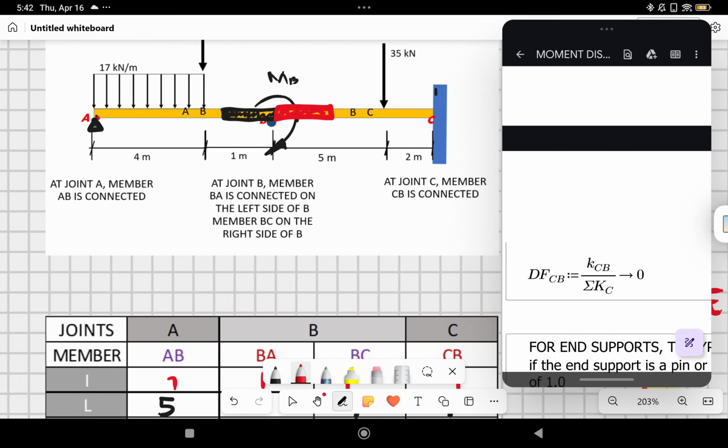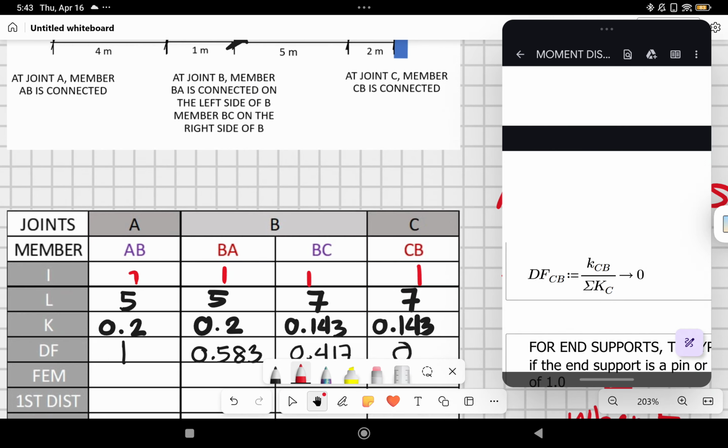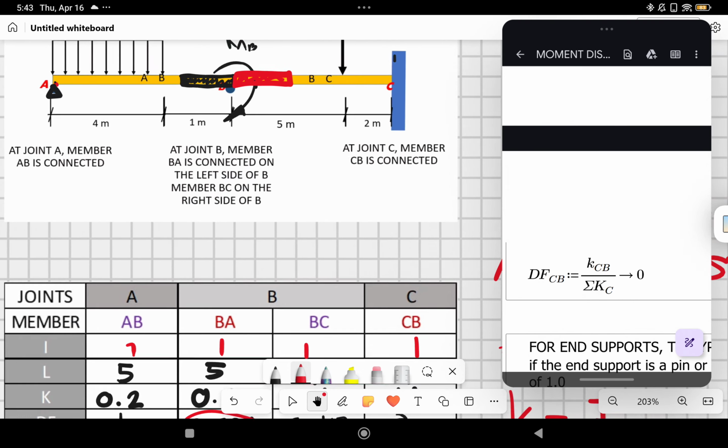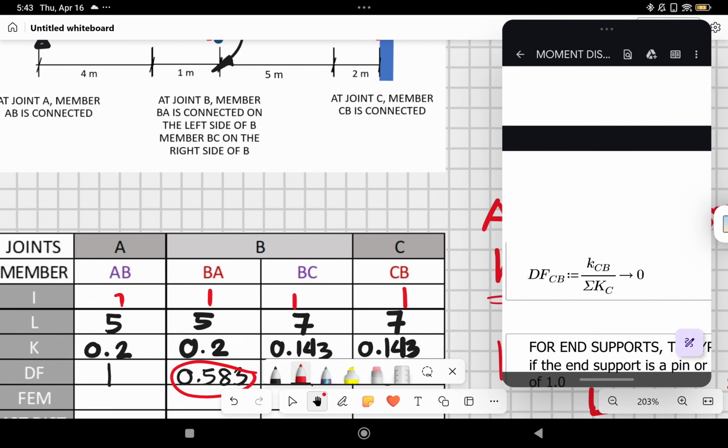The stiffer the member, the more moment it will receive. If it is less stiff, it will receive less moment. As you can see in this computation, BA receives 0.583, or 58.3% of the moment applied will be transferred to BA.